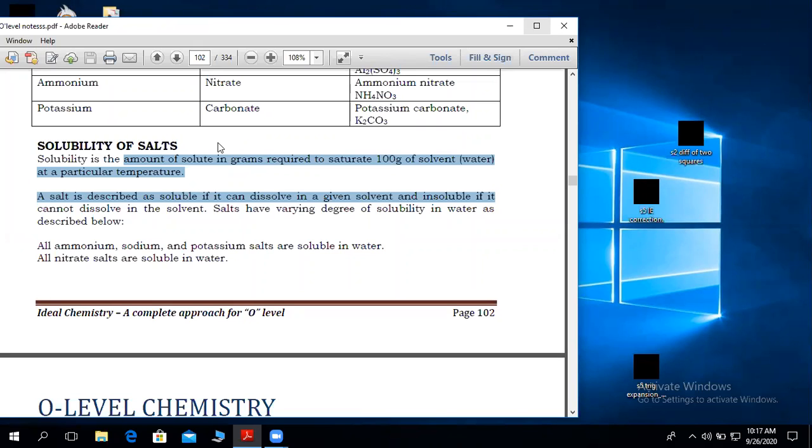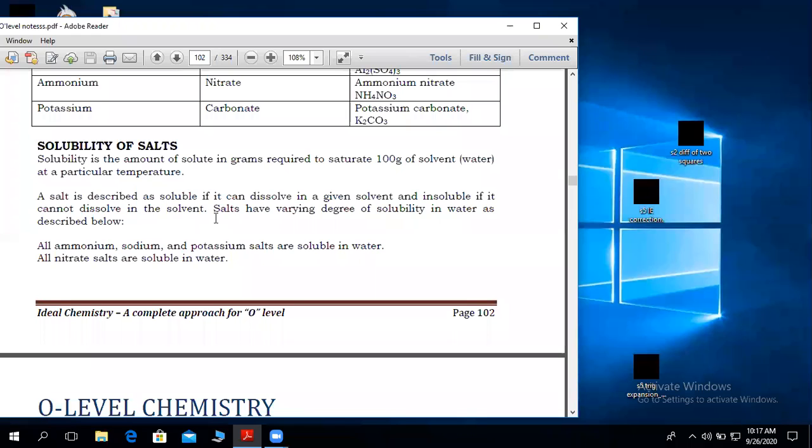Get your revision book where I even sent you the notes, summarize, and read this topic. Thank you. I know you'll pass it.